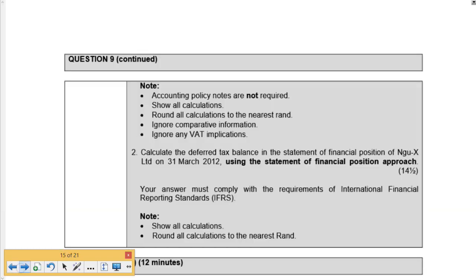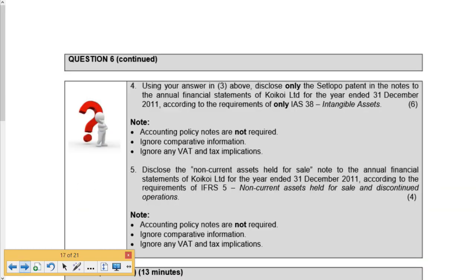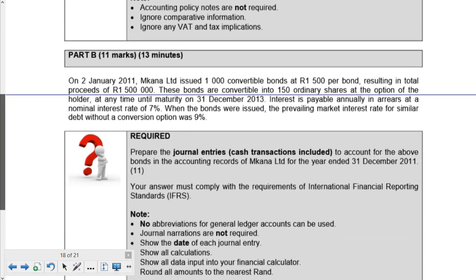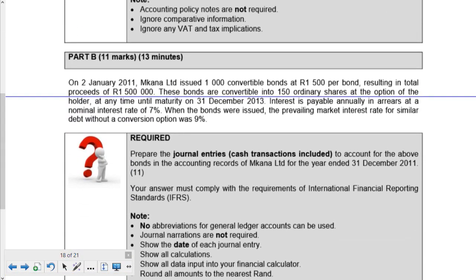Okay, so we're going to practice those two, one of each. The first one is this one, question 6. It's for 11 marks.